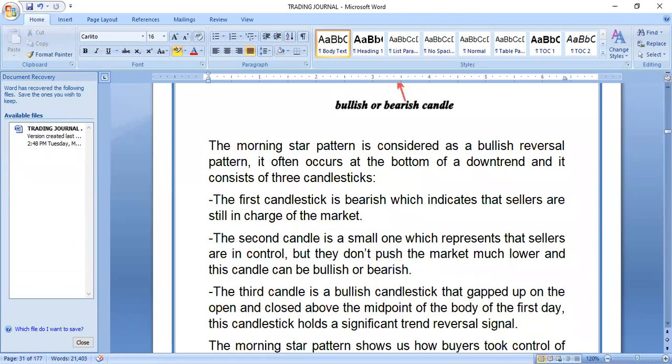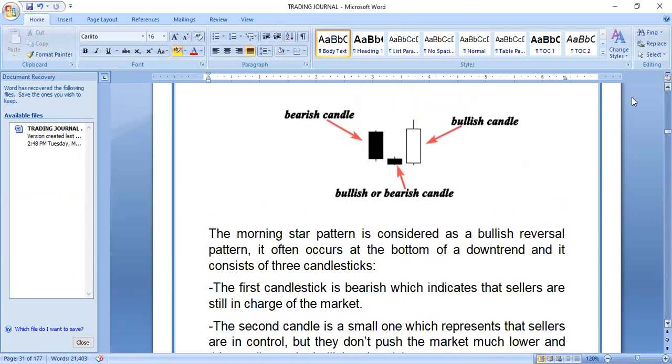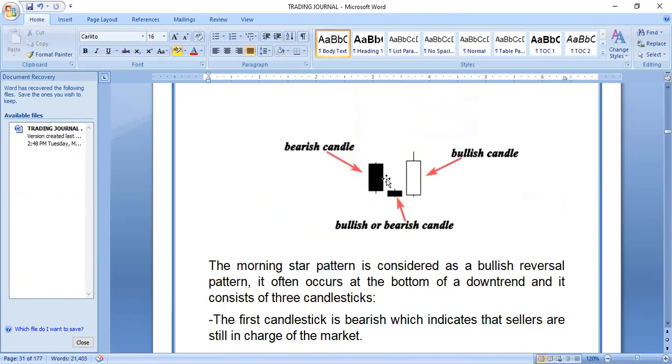Then you have the morning star candlestick. Morning star is majorly formed after formation. You can confirm a morning star by having three candlesticks. Either we have the bearish, then something like a doji, either bullish or bearish candlestick that looks like a doji, then a bullish candlestick.